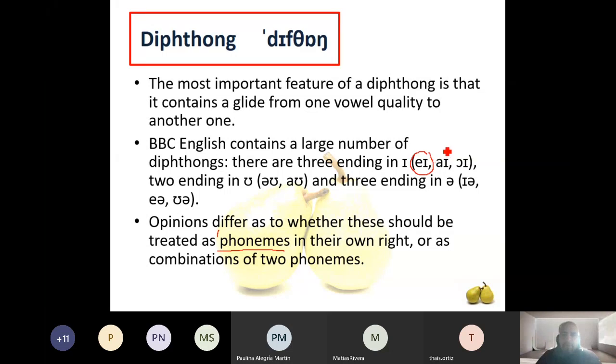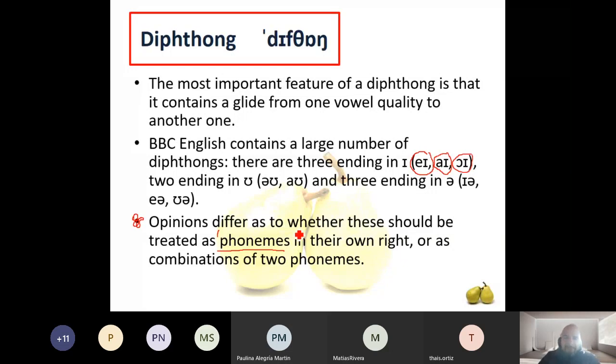The same, for example, with the word buy, which contains the second diphthong. So we say b and the diphthong, which will be considered one sound unit. The diphthong will be counted as one. The same with the rest, right? Toy, etc. But we have to remember that not everyone thinks exactly the same. Some people believe that they should be treated as a combination of two individual sounds.